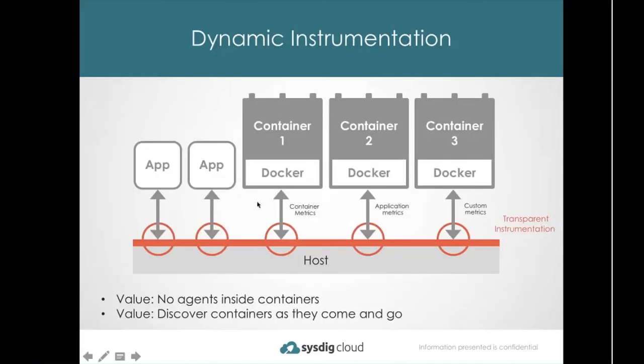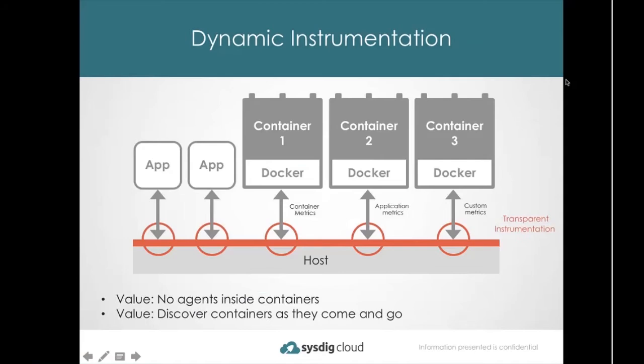The first thing I wanted to talk about here is instrumentation. Instrumentation is really important. As I mentioned earlier, it's important that we see not only basic metrics like CPU, memory, and network.